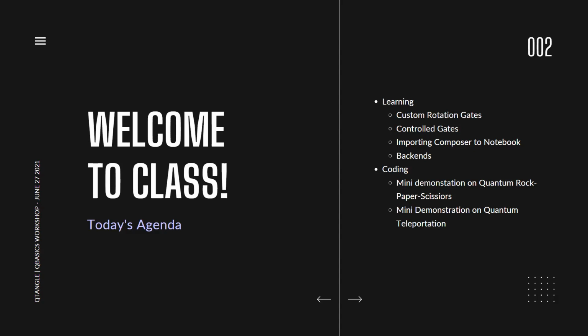Next, we'll be getting our hands dirty with a bit of coding projects. Here are demonstrations just to get you started with thinking about quantum computing, or even start with small mini projects on quantum computing, right? These are not really complex or big stuff. The first project is quantum rock paper scissors.